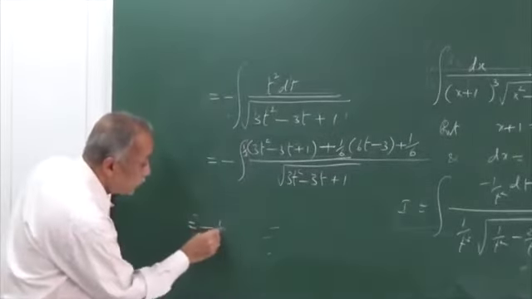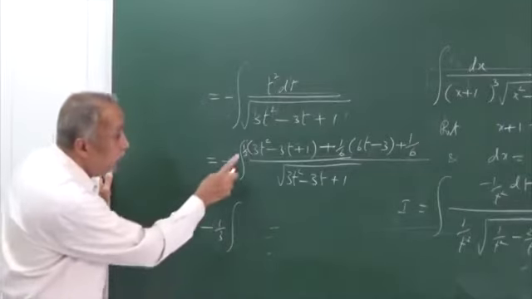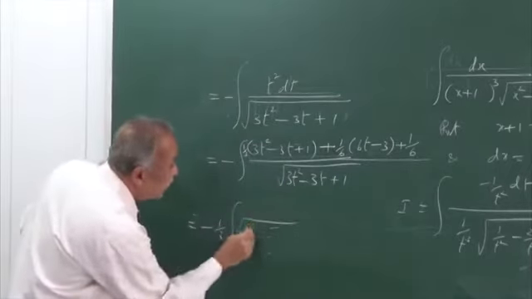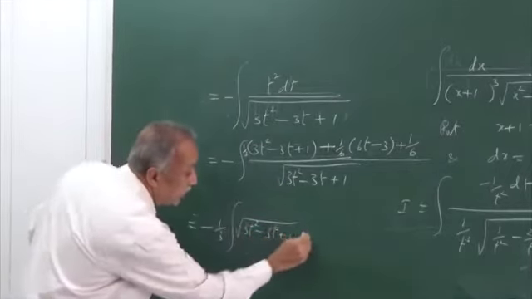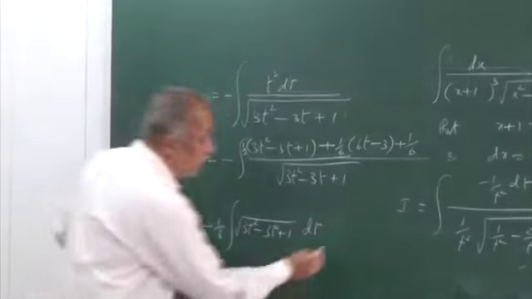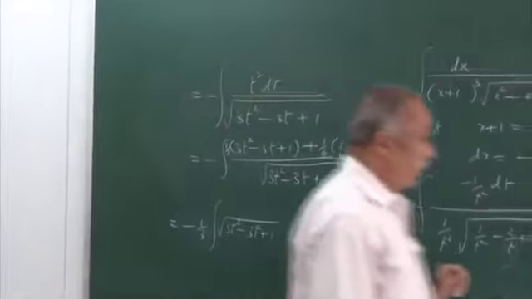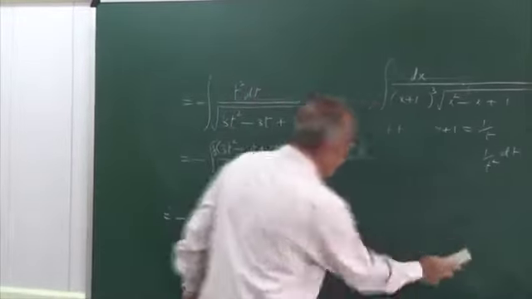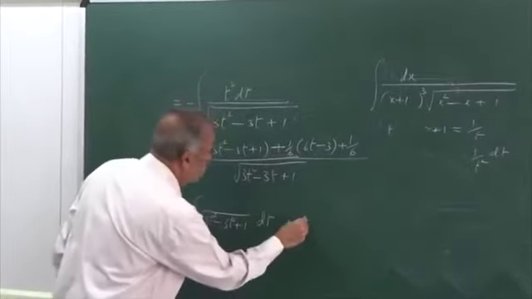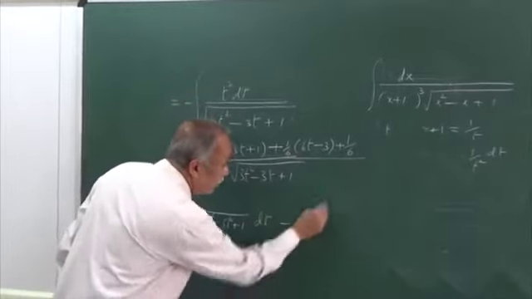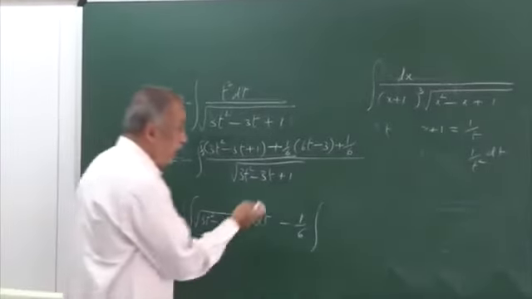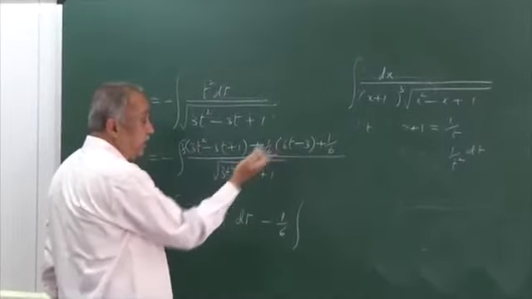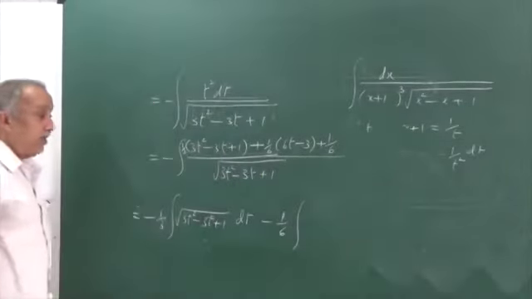You will get minus 1/3 of root of 3t square minus 3t plus 1 dt, plus, next is minus 1/6 of the derivative of the quadratic under the radical sign in the denominator dt divided by root of 3t square minus 3t plus 1.